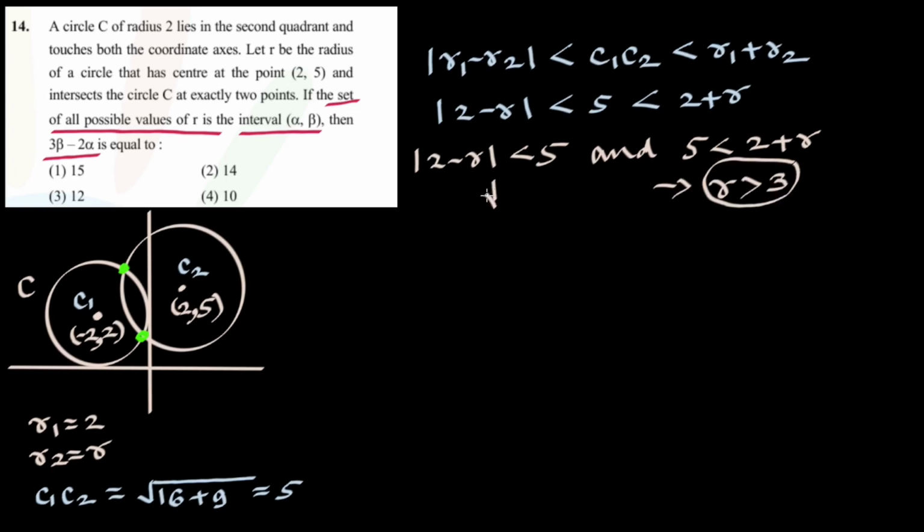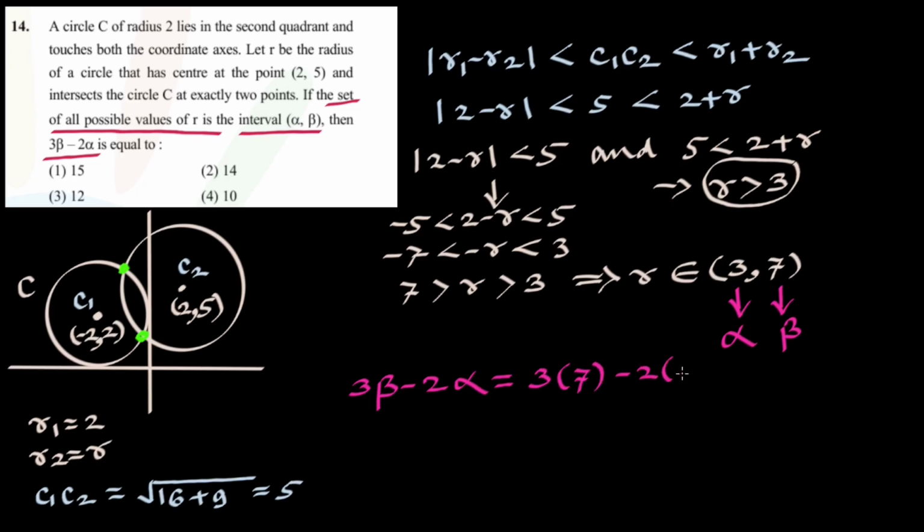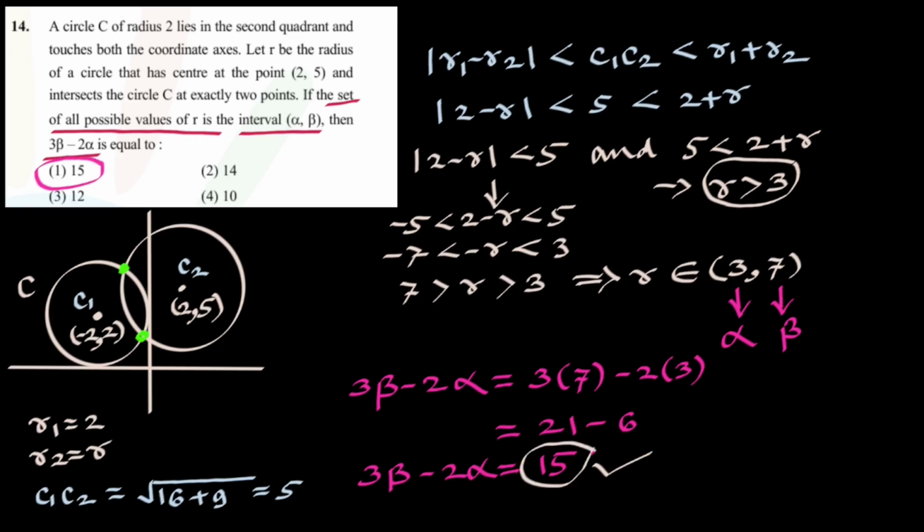The first relation gives minus 5 less than 2 minus r less than 5, minus 7 less than minus r less than 3, 7 greater than r greater than minus 3. This implies r belongs to the open interval 3 comma 7, which means 3 is alpha and 7 is beta. Now 3 beta minus 2 alpha will be 3 into 7 minus 2 into 3, 21 minus 6, 15. Hence the correct answer option is 1, 15.